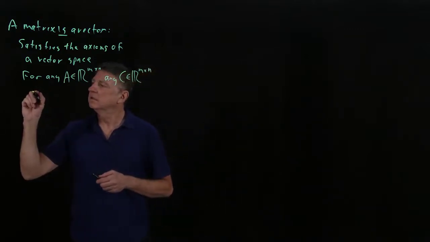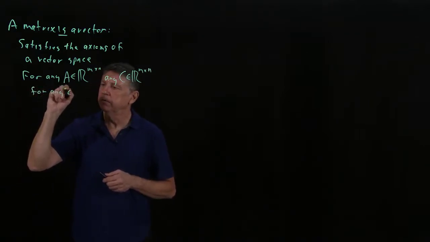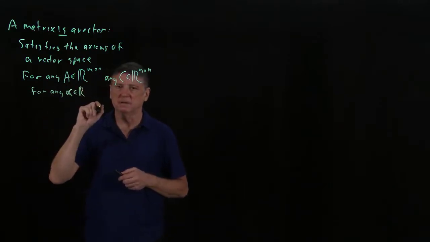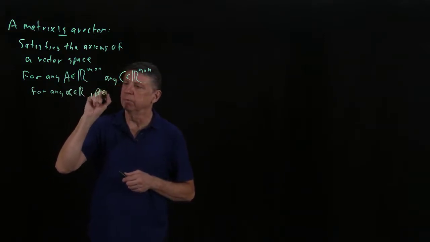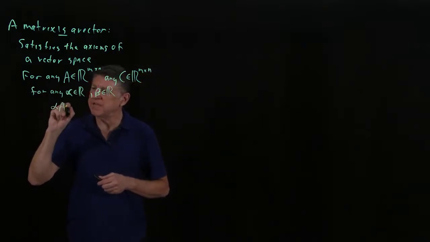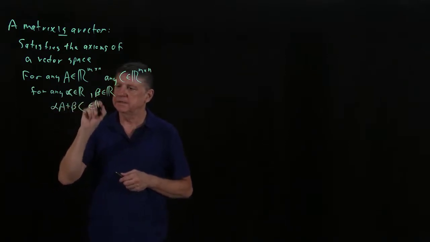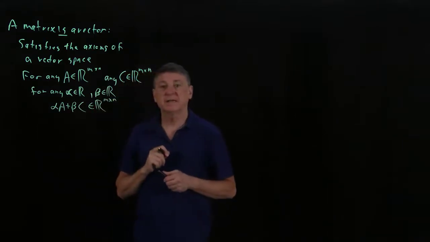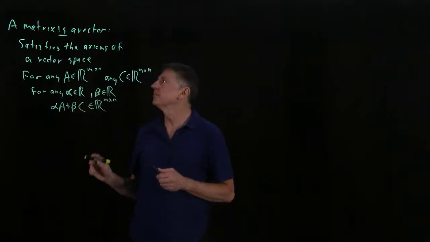Then for any real number alpha and any real number beta, alpha times A plus beta times C is a matrix with m rows and n columns. So that's one sense in which a matrix is a vector.